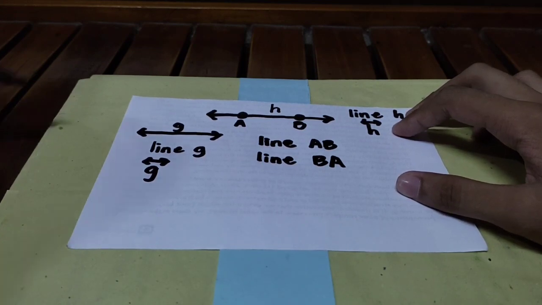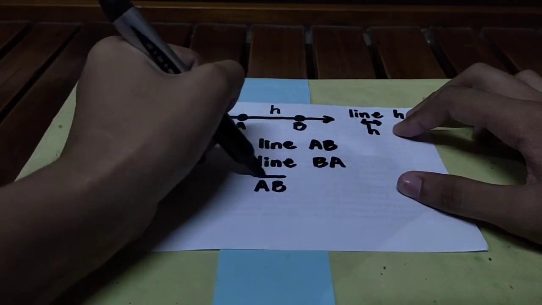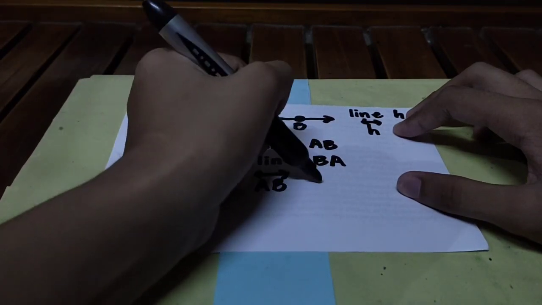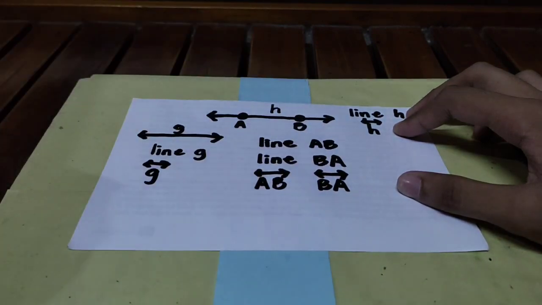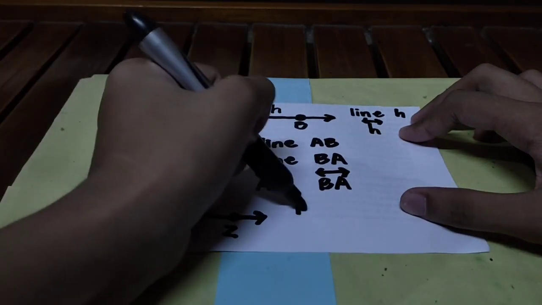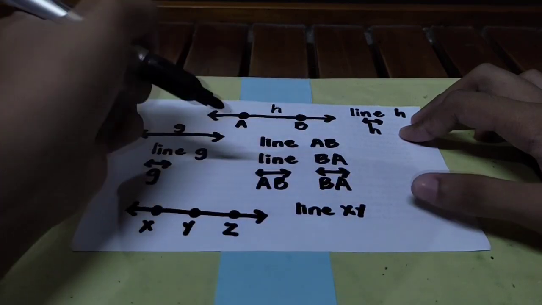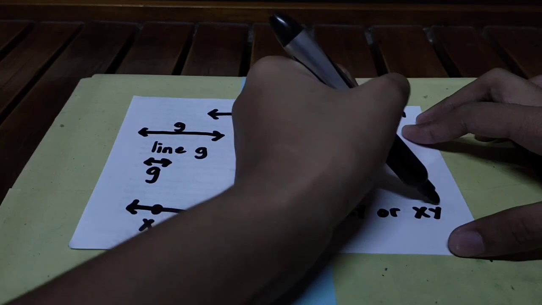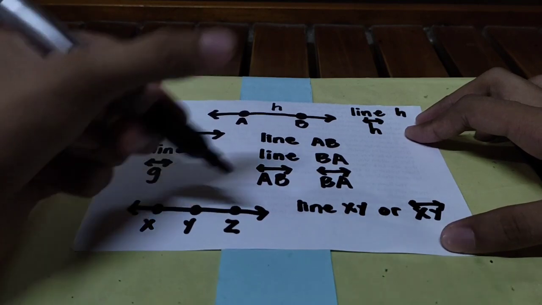Or by having this symbol, line AB, having this line with the arrowheads, or line BA. Another example, we have this line XY. Also, we can have this line YZ.